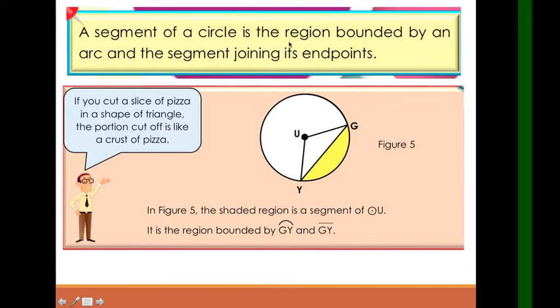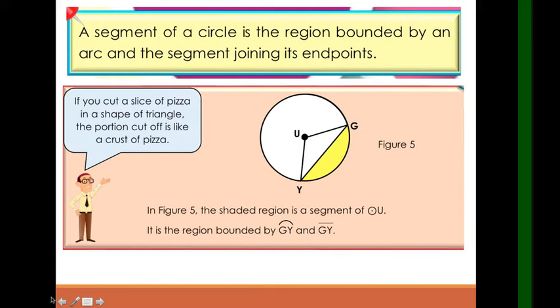Now, a segment of a circle is a region bounded by an arc and a segment joining its endpoints. If you cut a slice of a pizza in the shape of a triangle, the portion cut off is like the crust of the pizza.